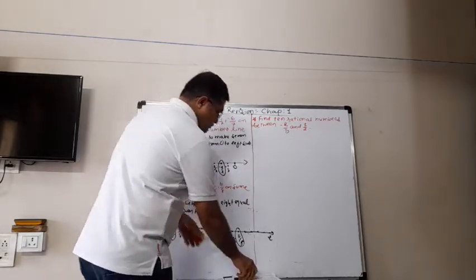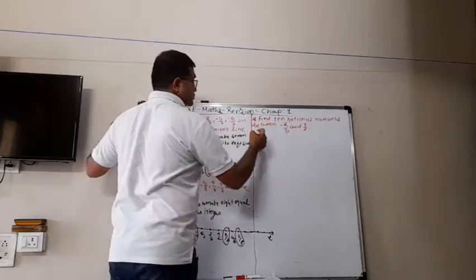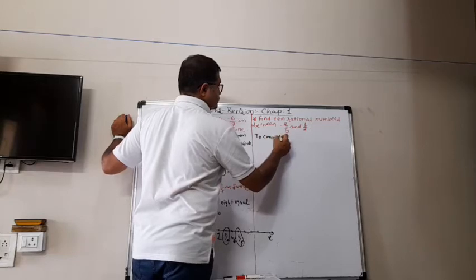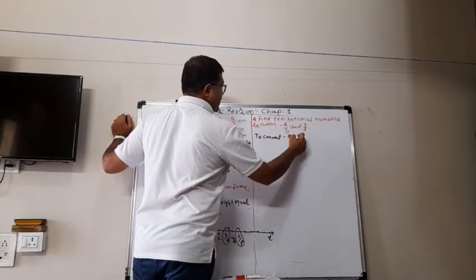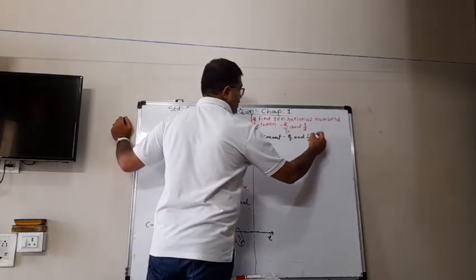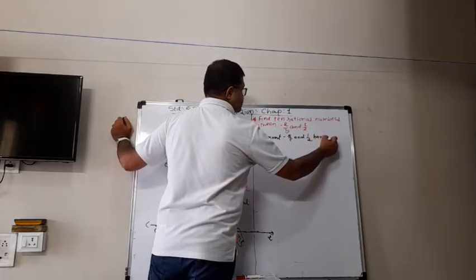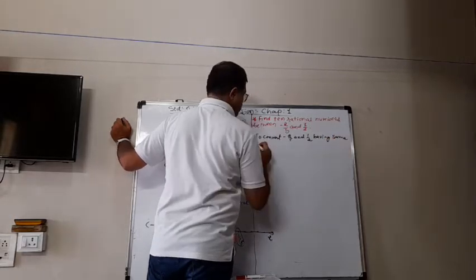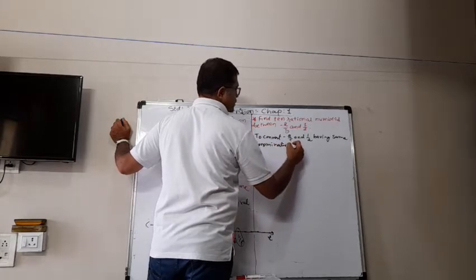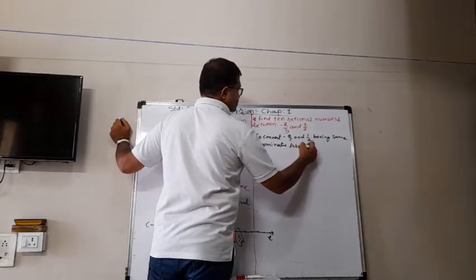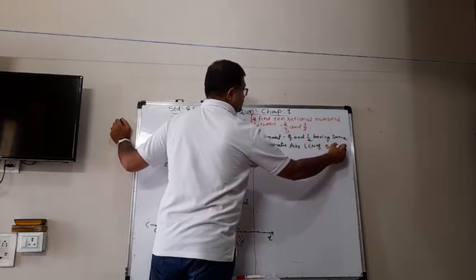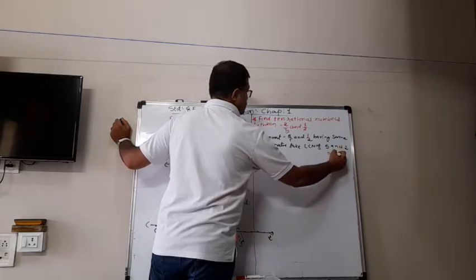So now, to convert minus 2 by 5 and 1 by 2 to the same denominator, take the LCM of 5 and 2, which is equal to 10.